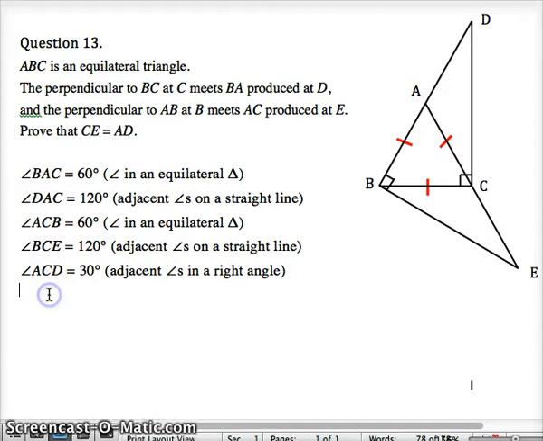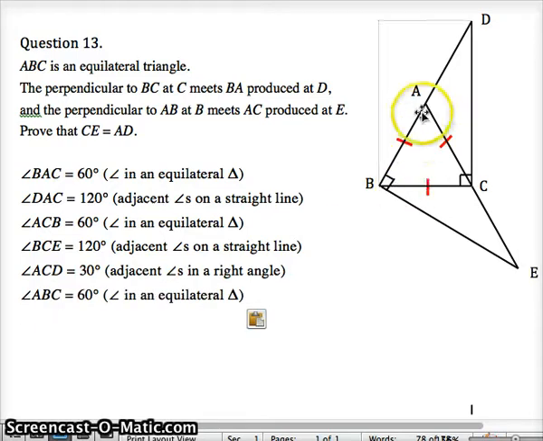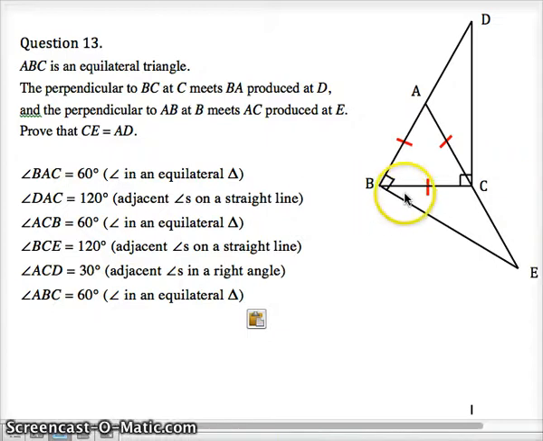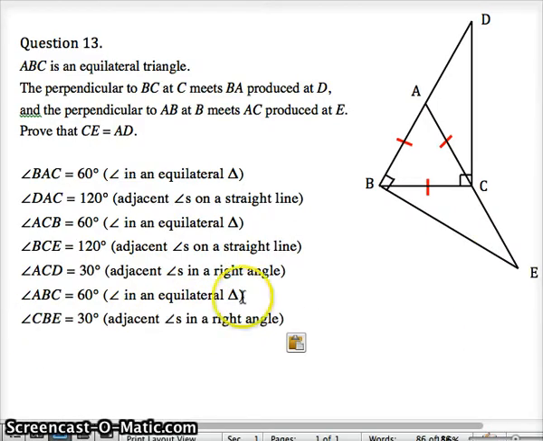And similarly down here, we've got that angle ABC is 60 degrees because it's an angle in an equilateral triangle. And so angle CBE will be 30 degrees because we have a right angle there at B as well.